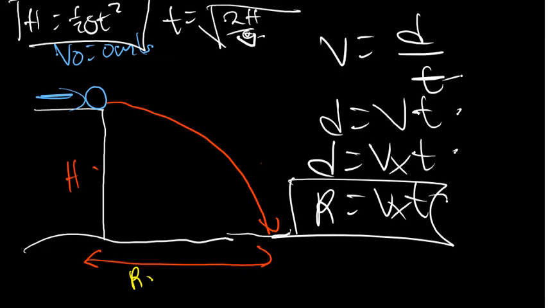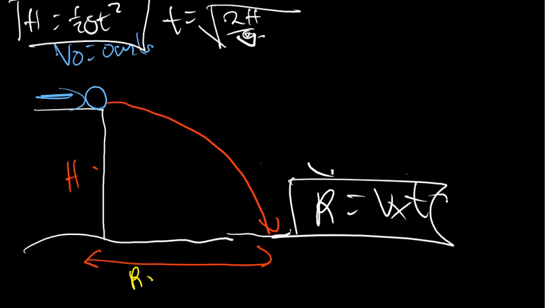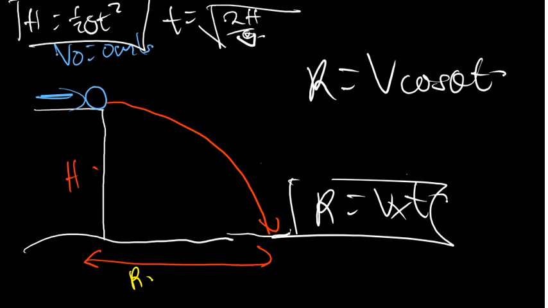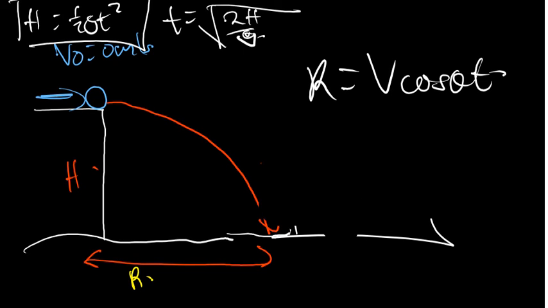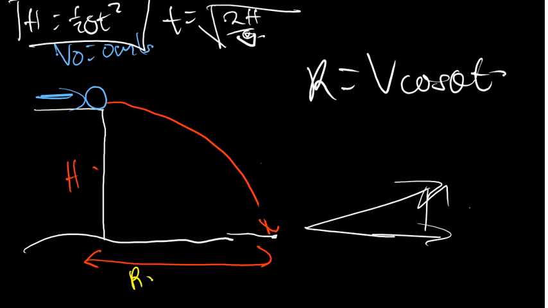the range. Now, in most cases, when you have been given the angle, we are talking about the x component of that velocity, meaning that the final formula is supposed to be v cos theta times t. Because when you talk of the vx, we are talking about this. If this is the angle, and this is going to be our v, then this is going to be our vx, and this is going to be our vy.